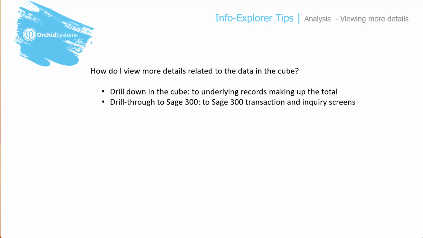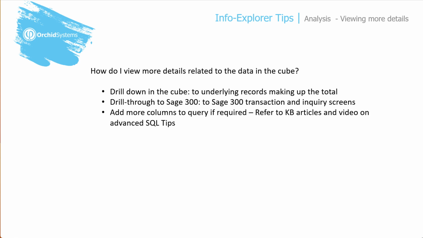Depending on the configuration of the cube, you can also drill down through to the Sage 300 transaction or master file inquiry screen if the cube has been configured accordingly. And if you understand the underlying data structures, you can add extra columns to your cube if required. And we have a knowledge base article and video on advanced SQL tips when using Info Explorer.